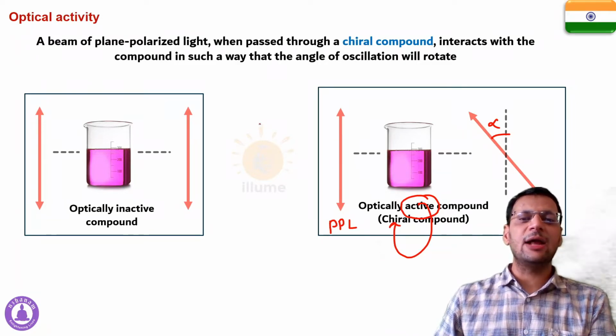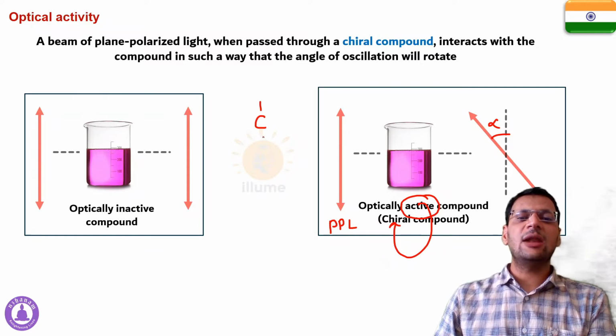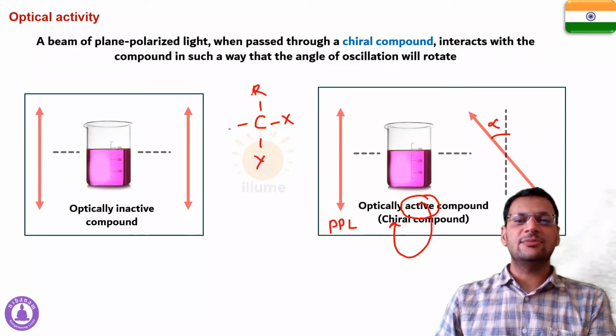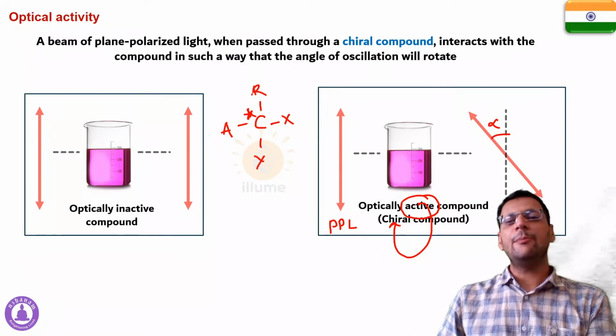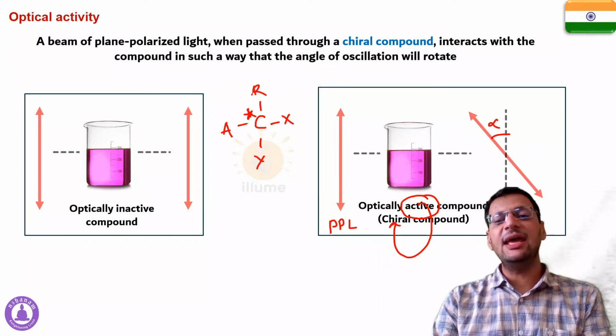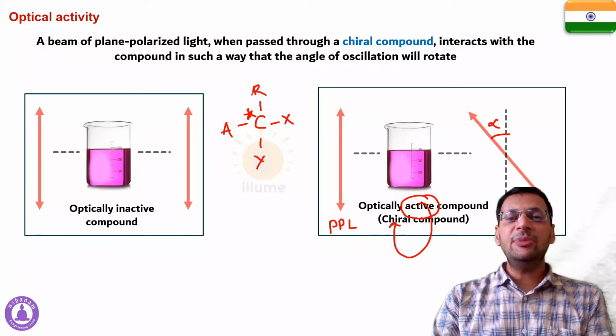What is a chiral carbon? A chiral carbon is a carbon whose all valences are fulfilled by different kinds of groups or atoms. Then it is called a chiral carbon. So a compound with a chiral carbon is a chiral compound and is an optically active compound. That means it will rotate the plane of the plane polarized light.